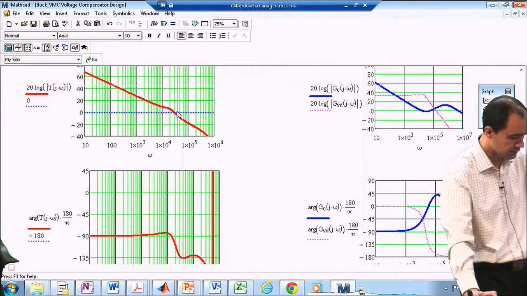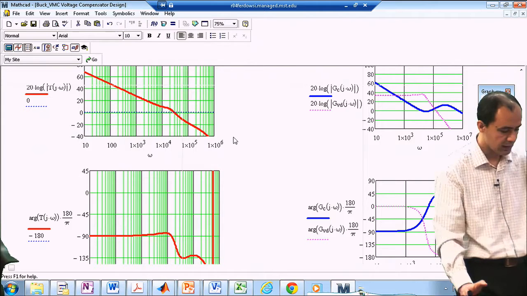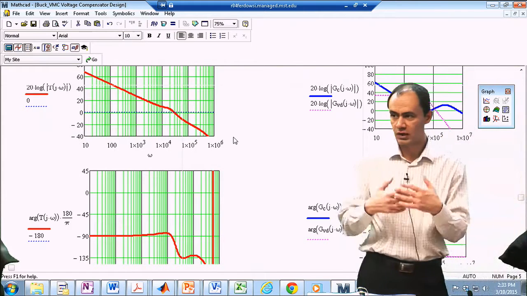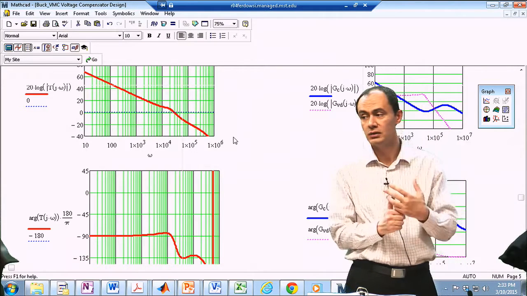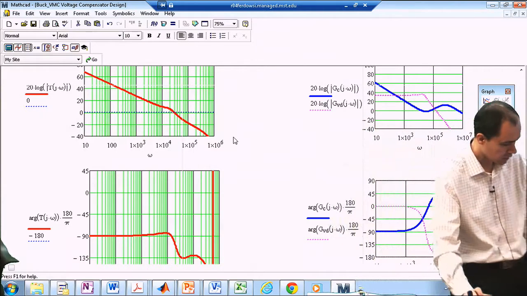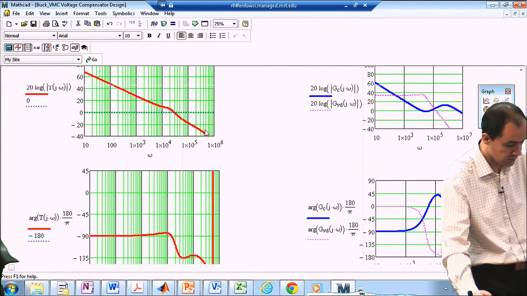We cannot practically increase the bandwidth beyond that, because if I increase my gain A to have a wider bandwidth, you don't get the attenuation that you need at the switching frequency. The switching frequency was about, let's say, 500,000. You can see you're getting about 40 dBs of attenuation.